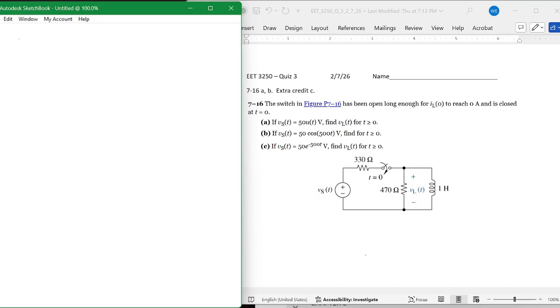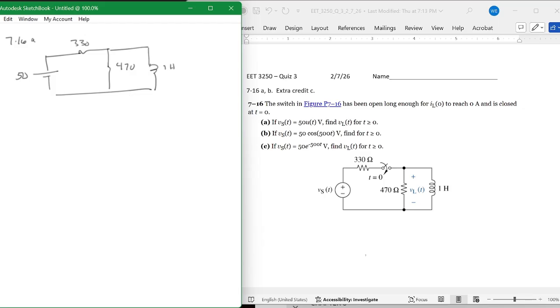So if you're doing this from DC land, you have a battery, and it's 50. You've got 330 up here. You've got 470 down here, and then you've got an inductor, 1 Henry, okay?